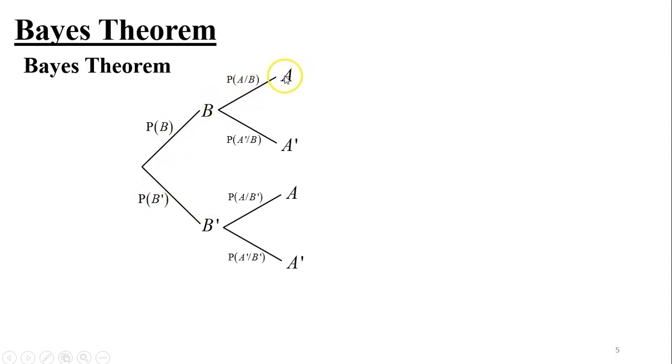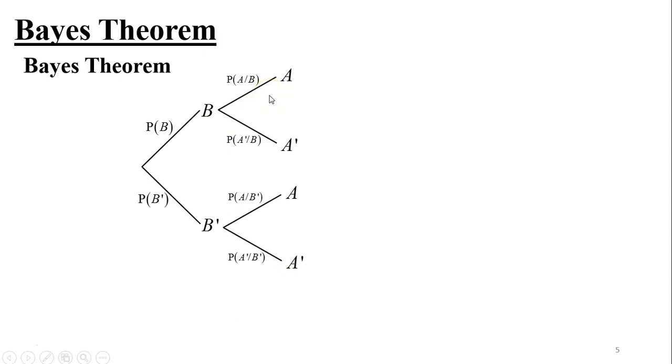Now, realizing A given B and realizing A prime given B, don't forget that these branches of the tree diagram are the conditional probabilities, because for example here, B is realized, and here we're finding the probability of realizing A knowing that B is realized. So these are the conditional probabilities.